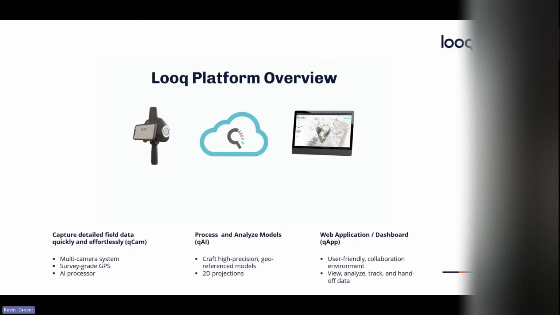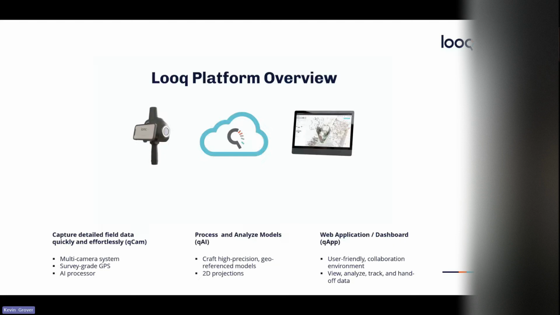So, a really quick overview of the Look platform in general. I think most people will hopefully be familiar with it, but we are a handheld photogrammetric capture system. We use multiple cameras on the device. We've got survey grade GNSS on the device, and we also have onboard AI processing for doing some of the in-field analytics and making the data more intelligent right off the bat.